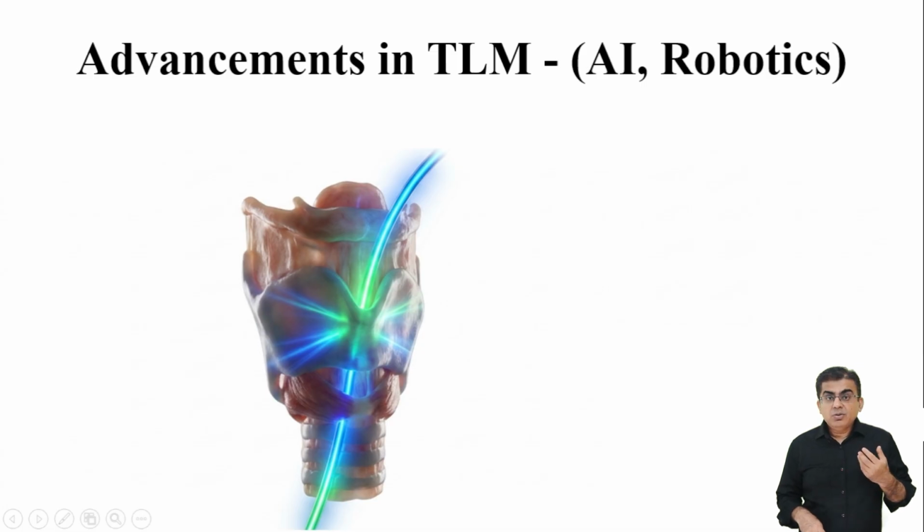We will look at how robotic assistance and new flexible laser fibers help us safely cut around tight corners. Finally, we will explore how artificial intelligence and confocal laser endomicroscopy will help us see perfect surgical margins in real time.